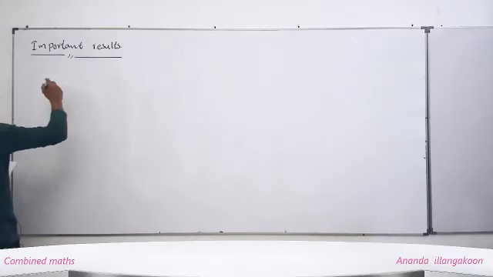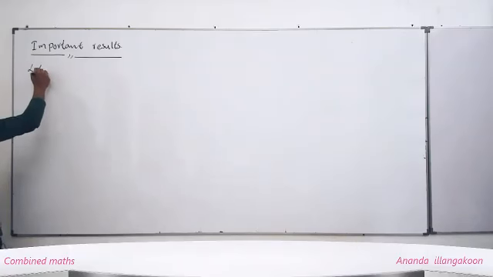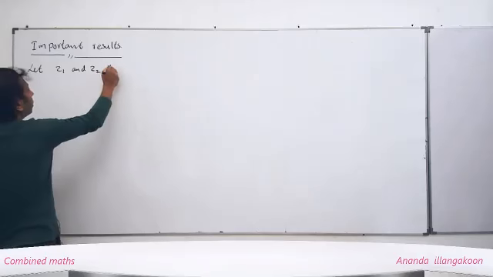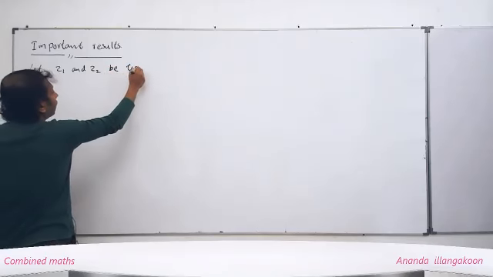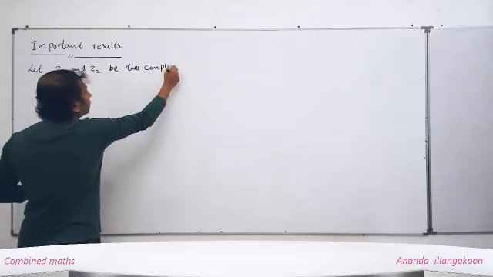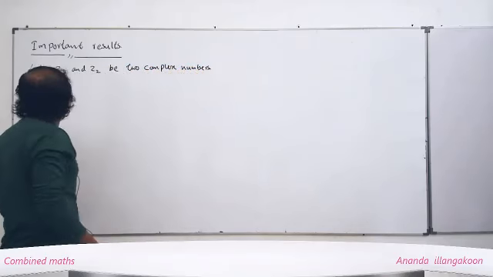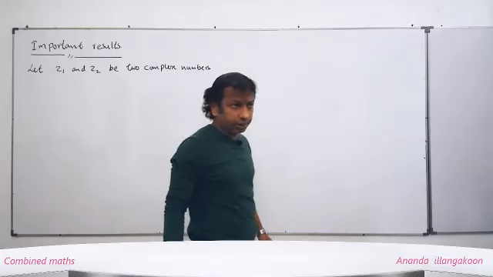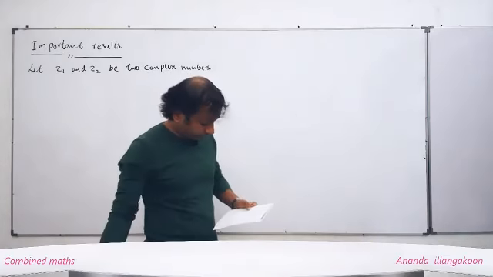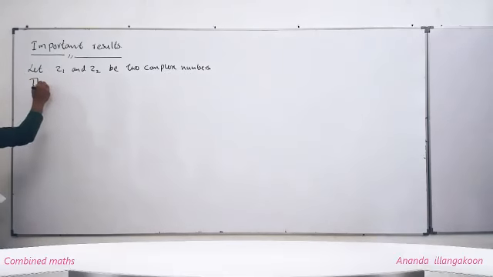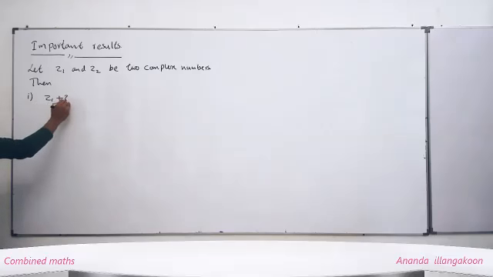First thing is, people, this. Write down like this. Let Z1 and Z2 be two complex numbers. Then, first one, people, we add Z1 and Z2 and we take its conjugate.